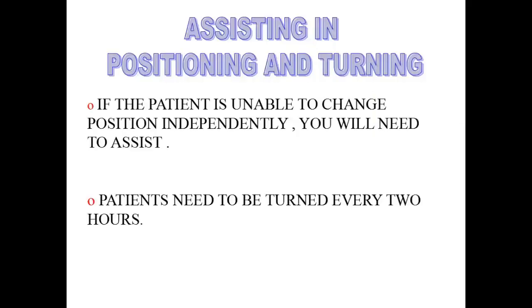Assisting with positioning and turning of the patient. If the patient is unable to change position independently, we as nurses have to assist the patient. Patients need to be turned every 2 hours.